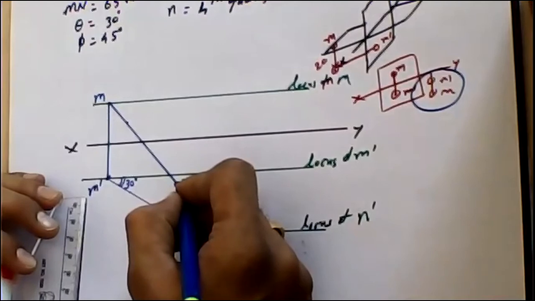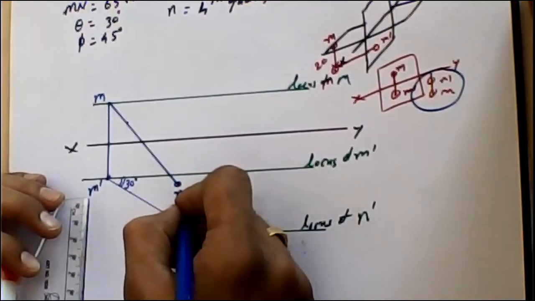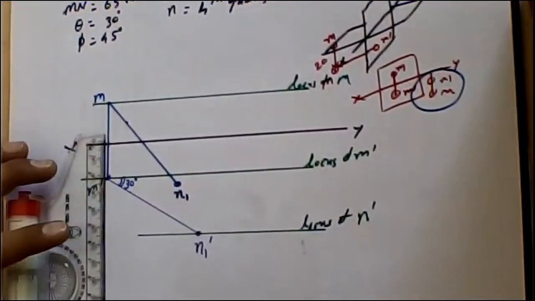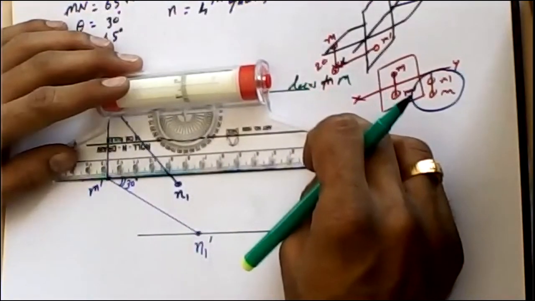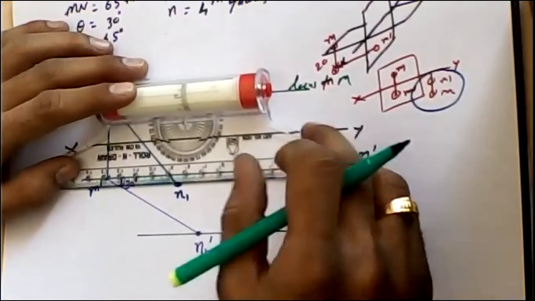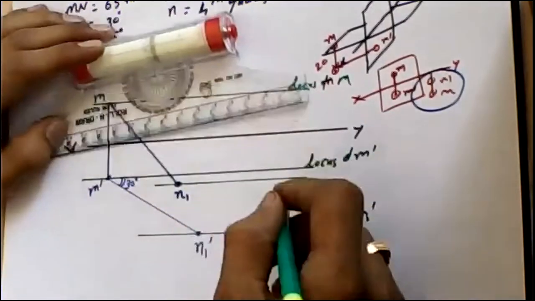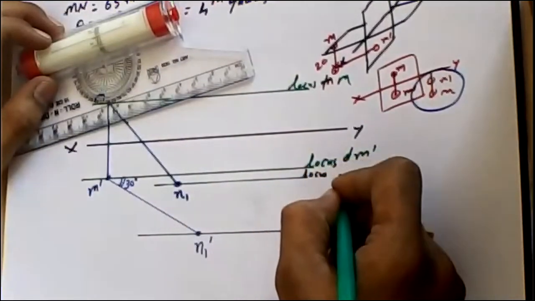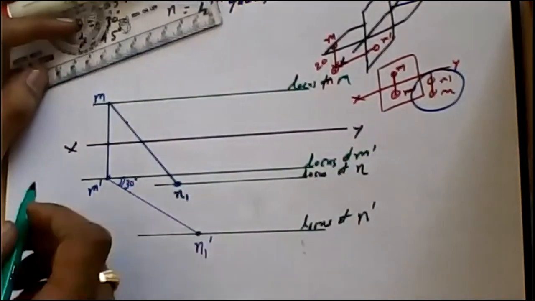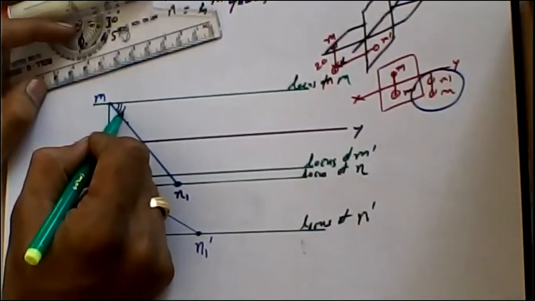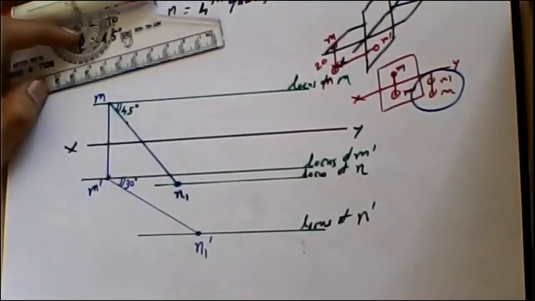This point is going to be called N1, and the locus passing through N1 is going to be called the locus of N. Now the angle at which it is present is 45 degrees.